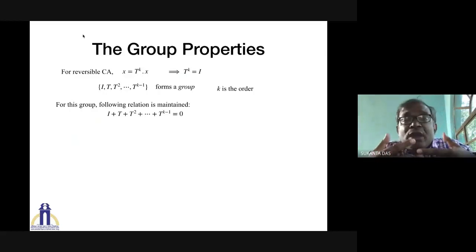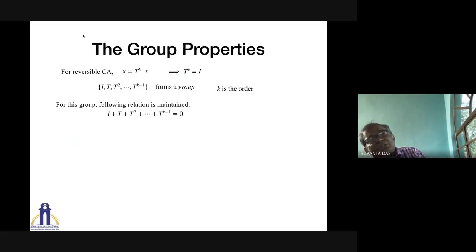If you add all the operators, it will form 0. You prove it. It is not so difficult. If you add all the matrices, it becomes 0. It's an interesting property, and in the next theorem also we shall use this property.